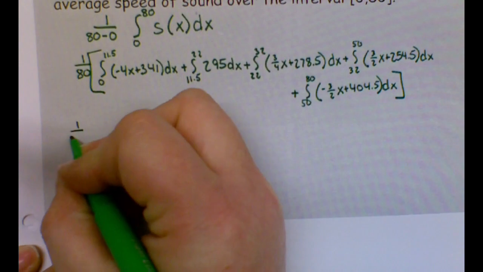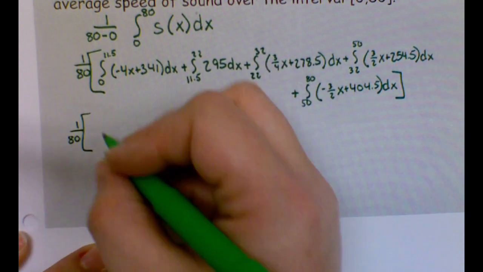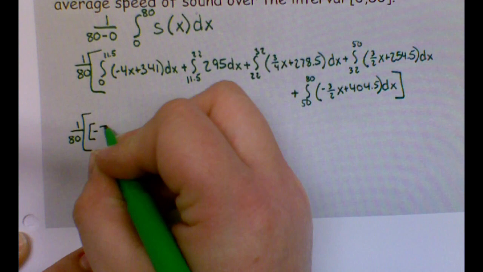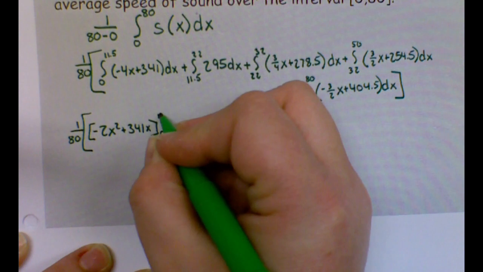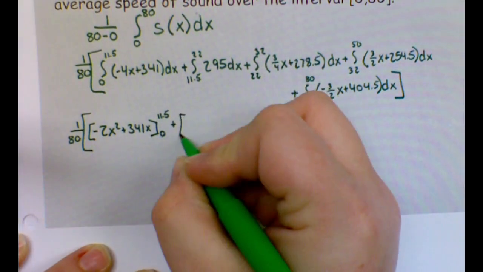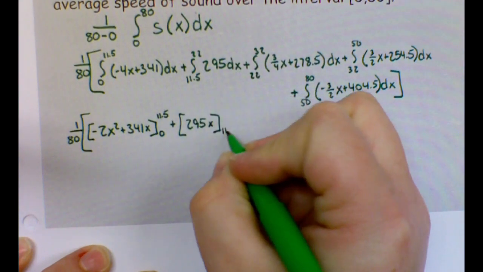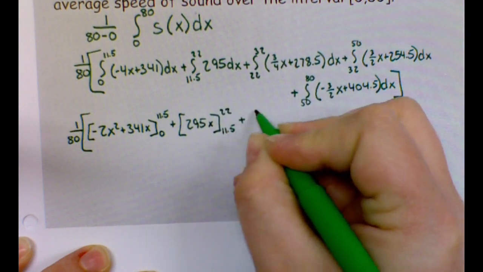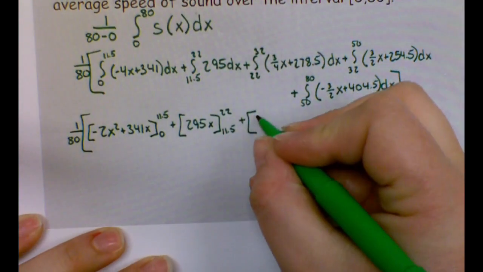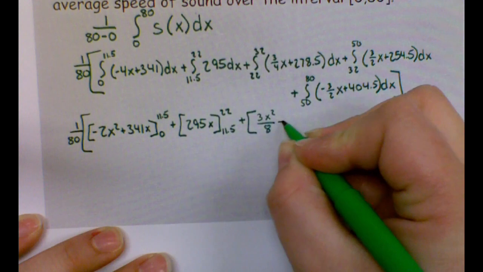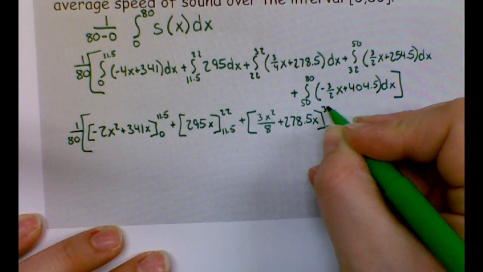So I have 1/80 times the antiderivative of negative 4x plus 341, which is negative 2x squared plus 341x from 0 to 11.5. Plus the antiderivative of 295 dx is 295x from 11.5 to 22. The antiderivative of 3/4 x plus 278.5 is 3x squared over 8 plus 278.5x from 22 to 32.